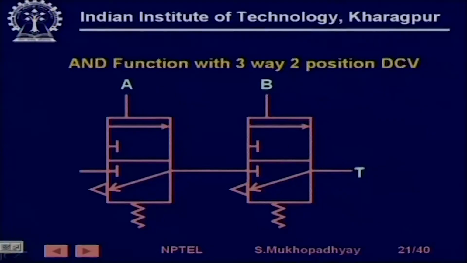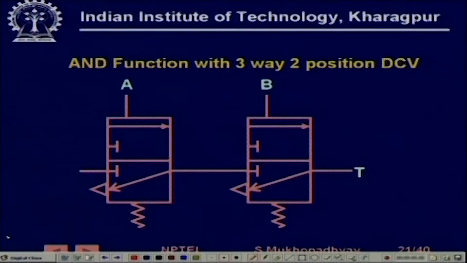This is a realization of an AND gate using 3-way 2-position direction control valves. What happens is that when both these pressures are on, then this is in this box and this is in this box. Therefore, the supply directly goes to the tank.